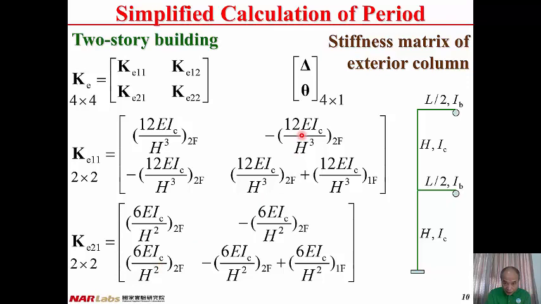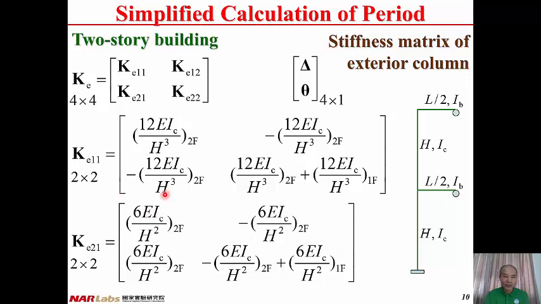And if we would like to have a unit lateral displacement at the second floor, that's the lateral force required, and the moment required at the roof and at the second floor.